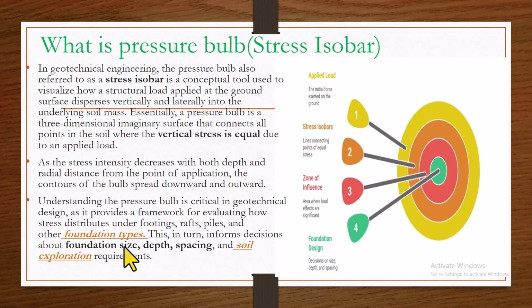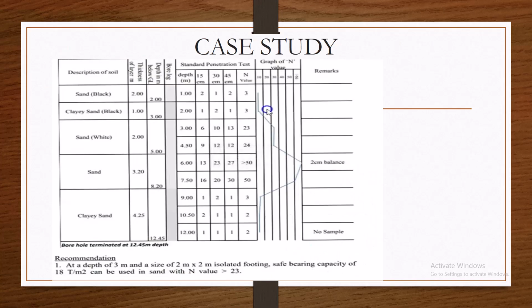Then from there he also gave us an informed decision on where the foundation should be terminated. Also from the soil test report, you discover that they terminated their investigation at 12.5.